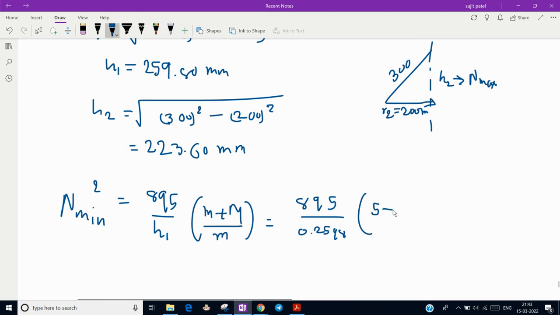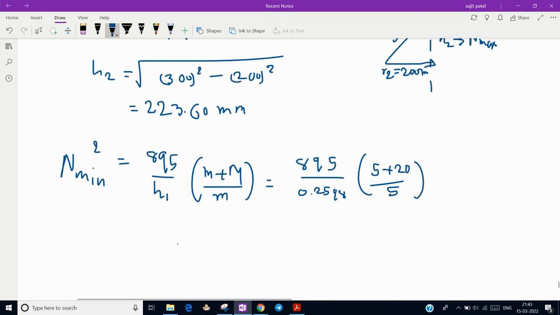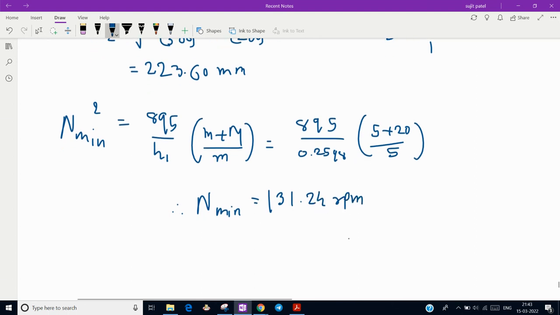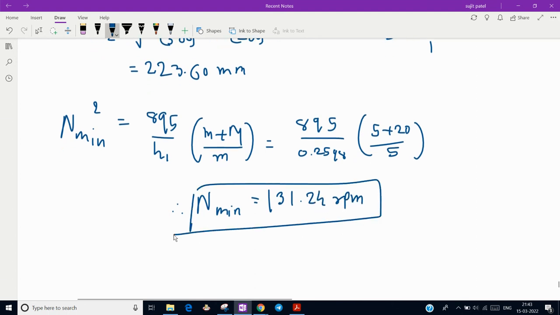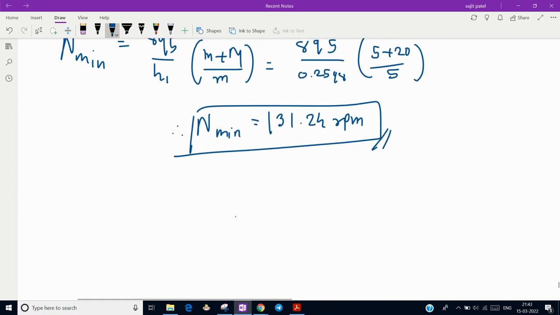Small m is 5 kg, capital M is 20 kg, divided by 5. So N minimum, when you take the square root of this, you will get 131.24 rpm. So just mark this or make a box on it.